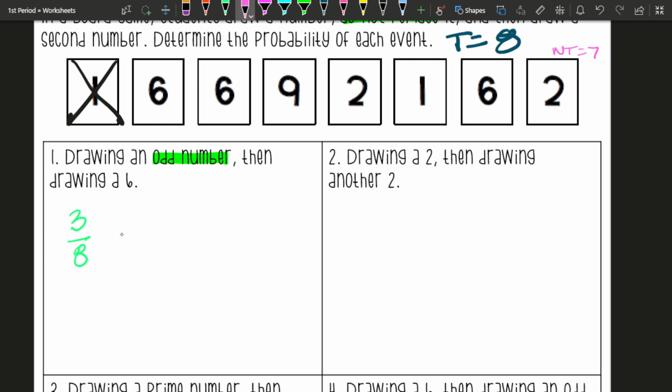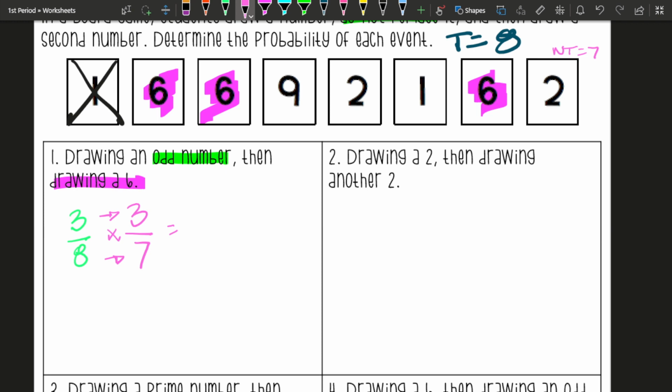So we're gonna multiply. 7 is the new total, and then we're looking for what? Drawing a 6. How many 6s we have? 3. Can we simplify that? No. So can we multiply straight across? Yes. See, my new total changed, right? You gotta remember, whenever they tell you that you're not gonna replace it, expect to change the total.